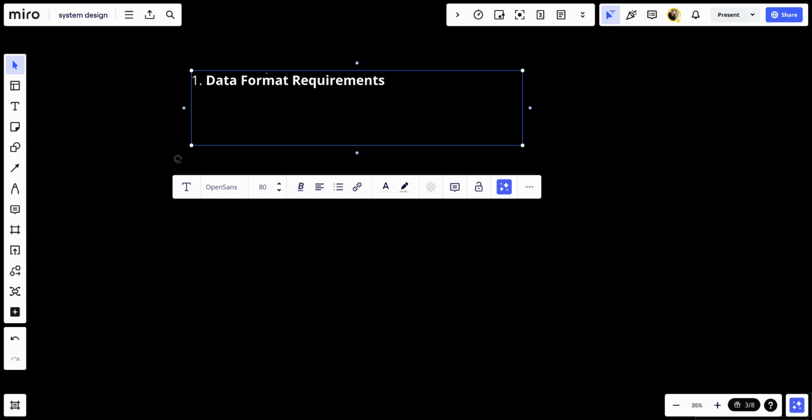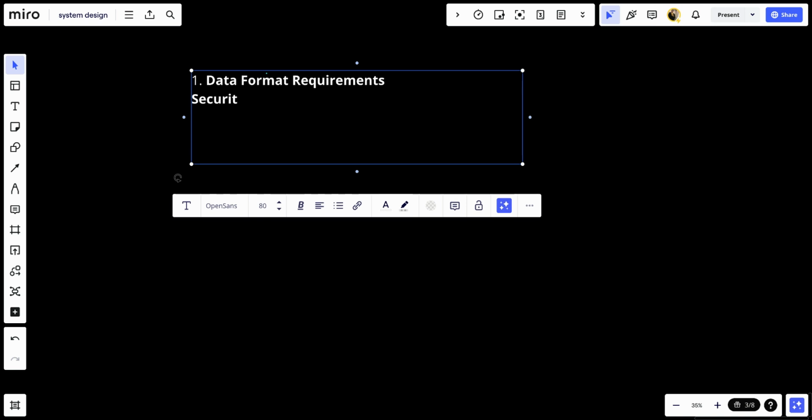REST, on the other hand, primarily uses JSON, which is lighter than XML and easier to parse on many platforms, particularly web clients. REST can also handle other formats like XML and plain text and even custom MIME types.